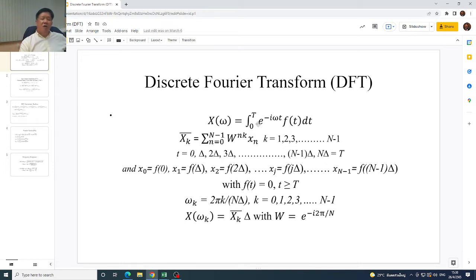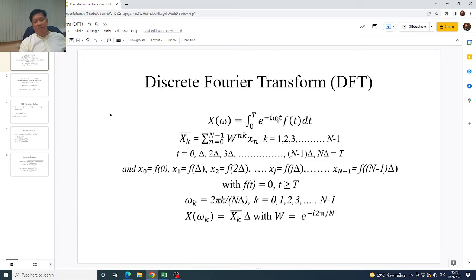You might remember the exponential of minus i times theta. It becomes the complex conjugate of the complex number cos theta minus i times sine theta.